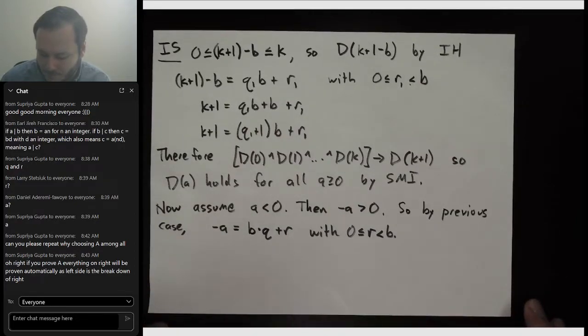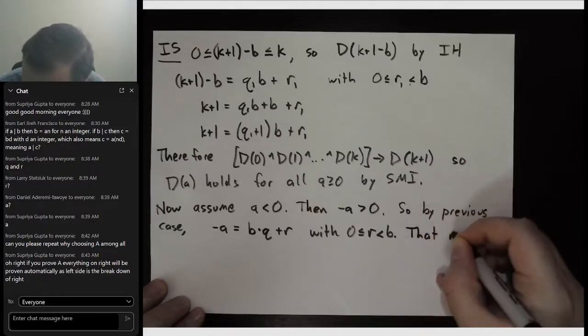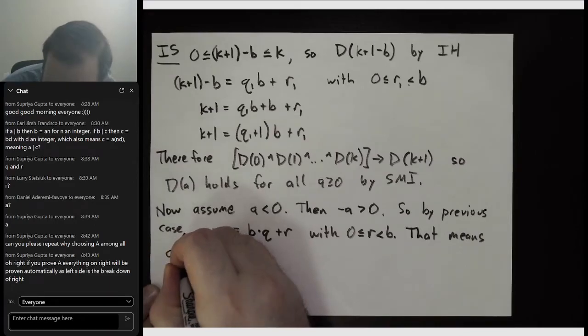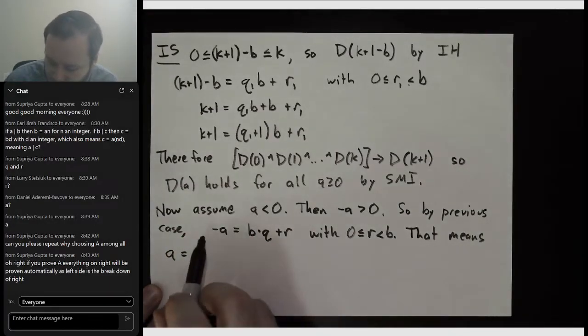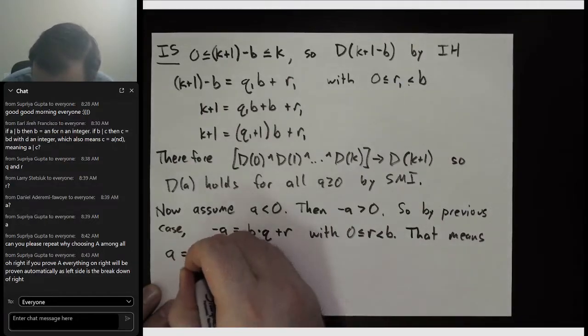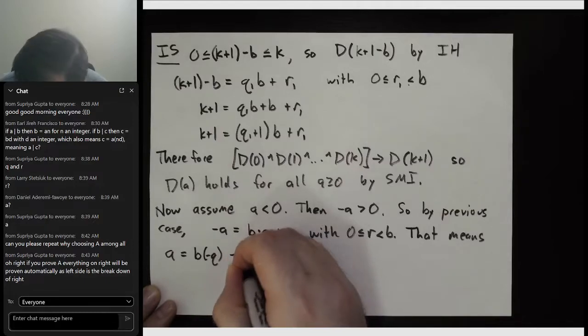Okay. Now, I want to solve this for a. That means that a is equal to, I'm going to multiply the minus sign on the other side and distribute, b times negative q minus r.